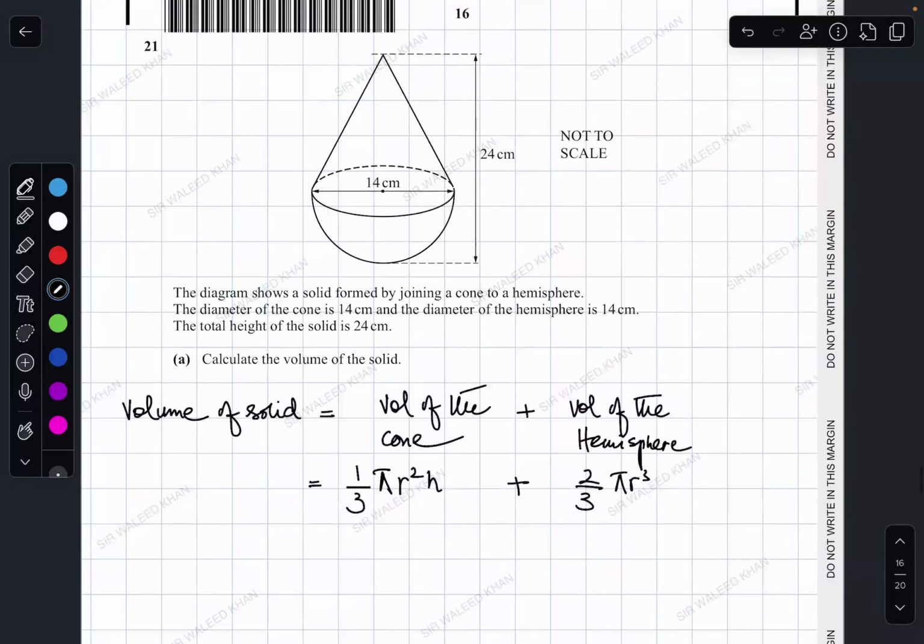Now, r we can find if diameter is 14, radius is 7. And you have to figure out the other information as well. If the full length is 24, then I can say radius is any line from the center to the circumference. So this is also radius. And this is also radius.